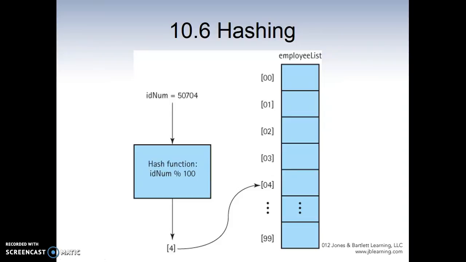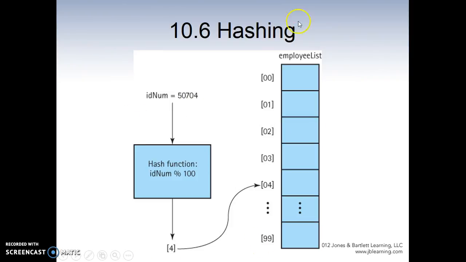Now, if I want to find this employee right away, in linear search we have to use a big array to store this 50,000, maybe an array size of 60,000. And then we have to go one by one. If it's a sorted list, it's going to cost you 50,704 steps to find that person.